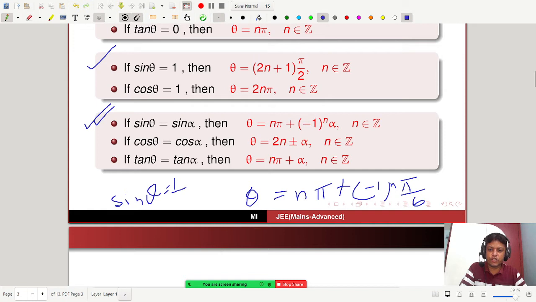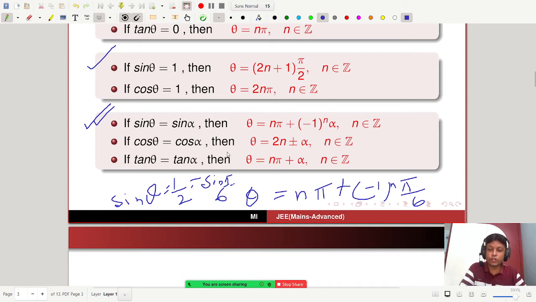You have to write the general values, not the principal values. So that is equal to sine pi by 6. Okay. So in that way, you can write the general values. That means you want to combine all the values, all possible values, and n is an integer. So you have to mention that n is an integer.